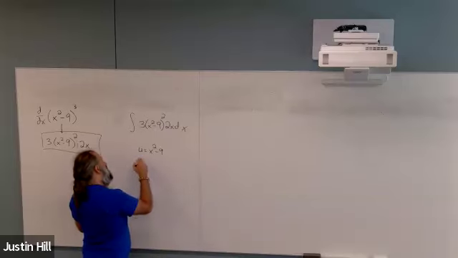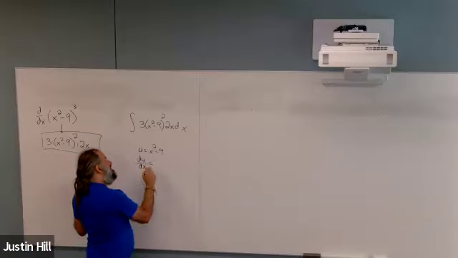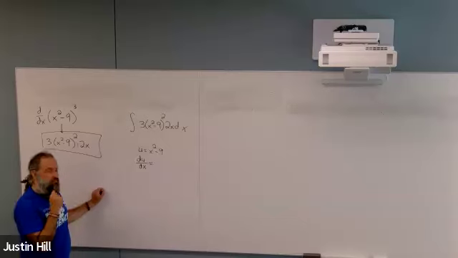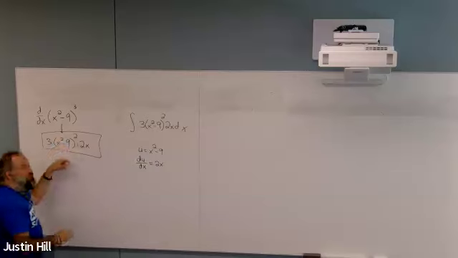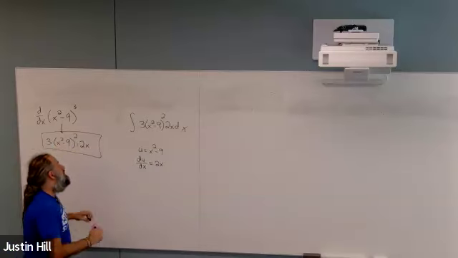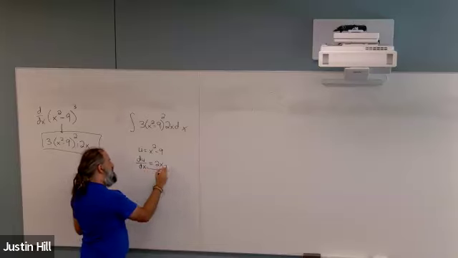So this is u. If I do du dx, what is du dx going to be? Look at that for a second. What is du dx? Good, that's 2x. That's the same derivative that we talked about here with the chain rule. And then what I'm going to do really quick is move that to that side.